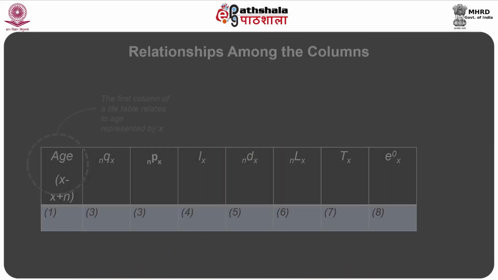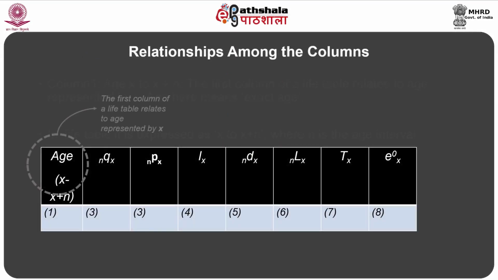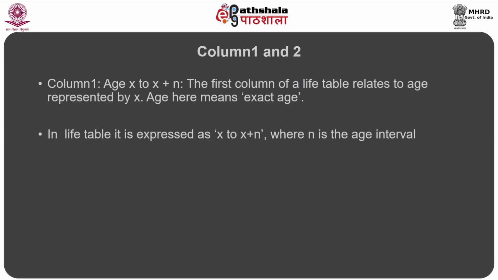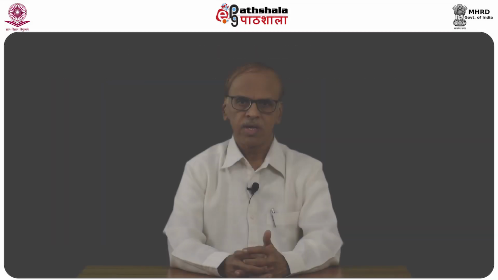Relationship among the columns. Column number 1, age x to x plus n. The first column of the life table relates to age represented by x. Age here means exact age. In a life table, it is expressed as x to x plus n, where n is the age interval.